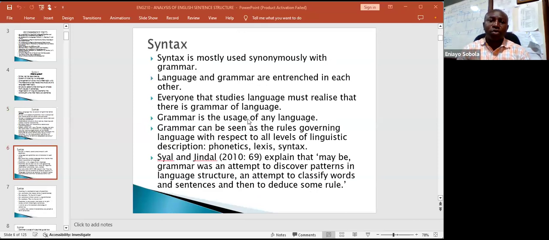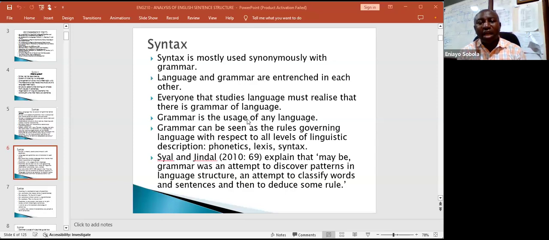So another point you need to note is that syntax is mostly used instead of grammar. Like I told you, they are different. Grammar is wider than syntax. Syntax just helps us to achieve grammaticality. And you should know that language and grammar are entrenched in each other. Every language has its grammar, and that's what guides the usage.